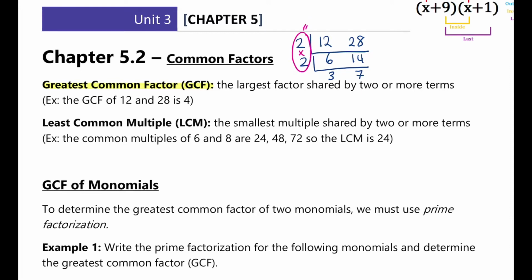We need to multiply the two numbers on the left-hand side to get the greatest common factor, 4. So GCF of 12 and 28 is 4. We use this notation in short.